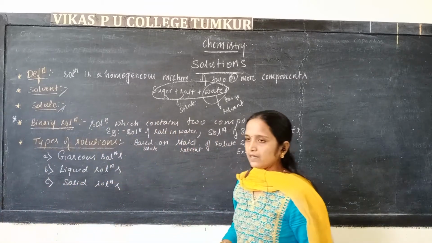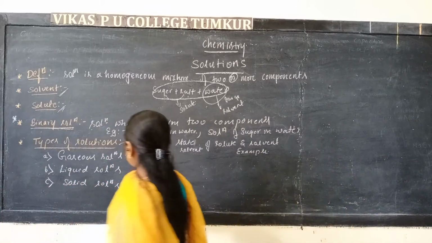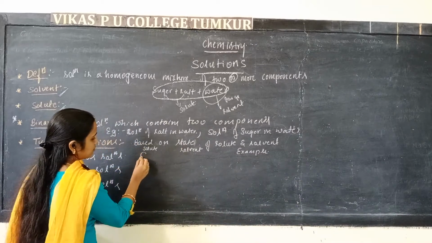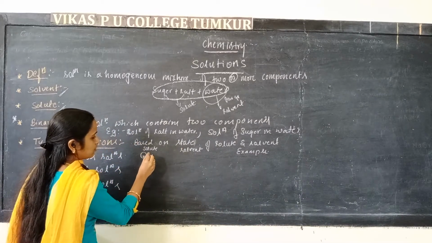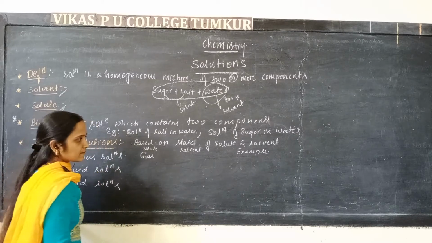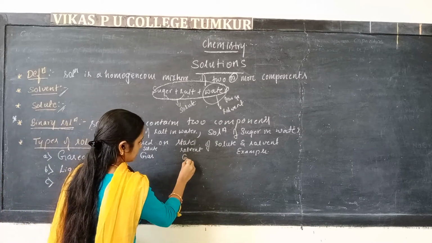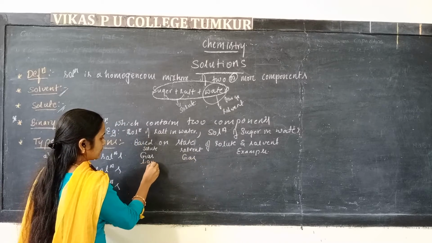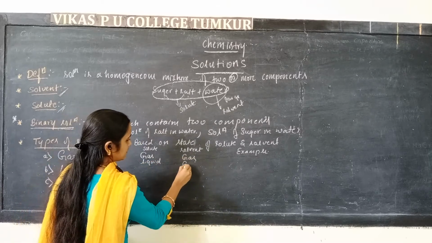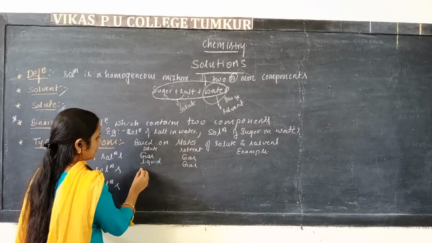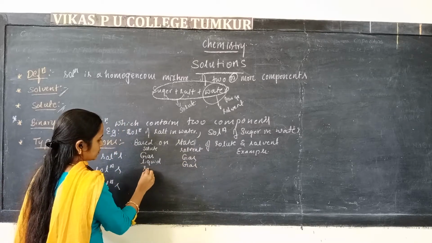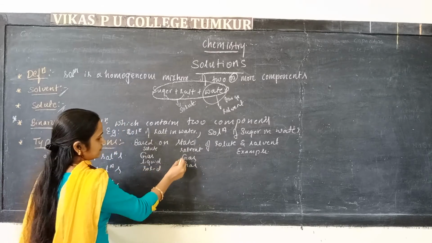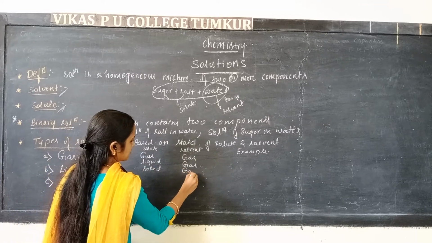In the first case, the solute is gas and the solvent is gas. Then the solute is liquid and the solvent is gas. Then the solute is solid and the solvent is gas.